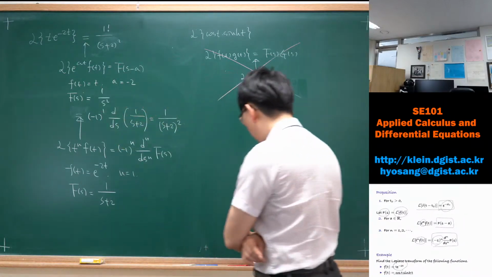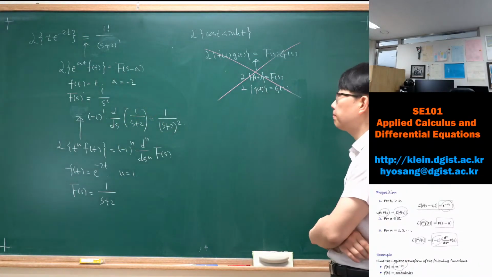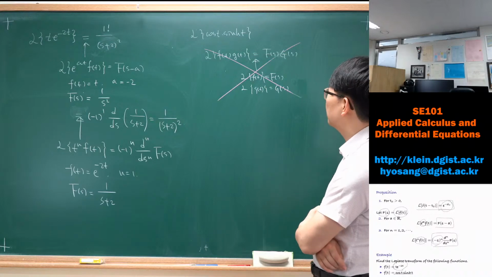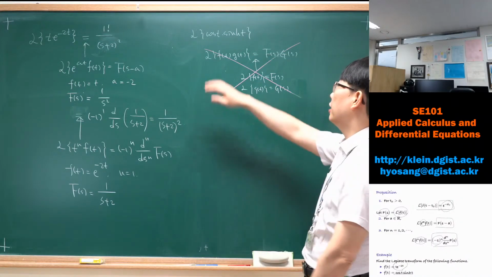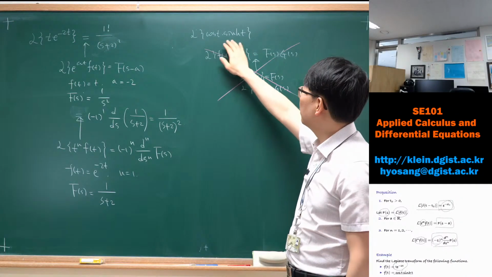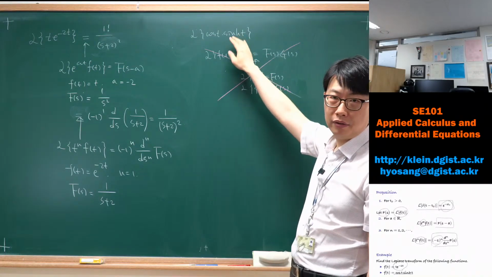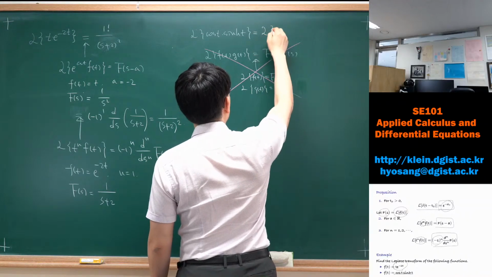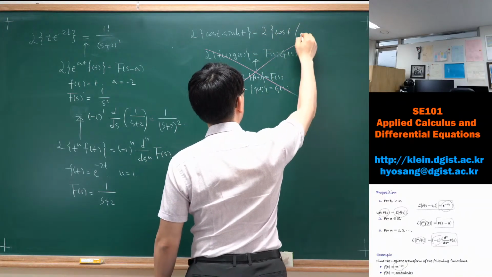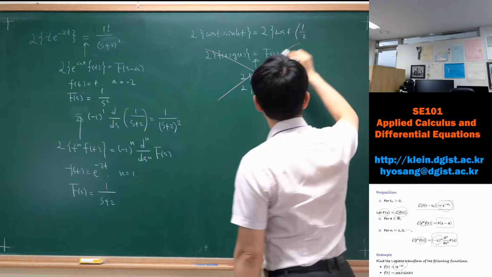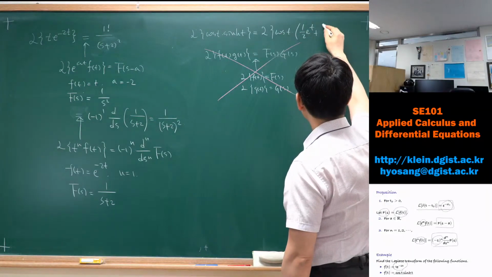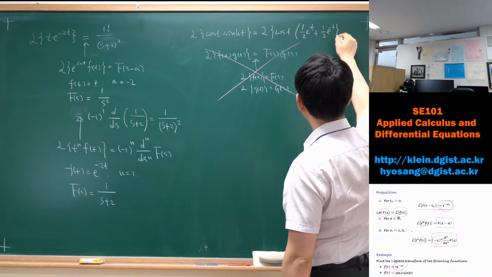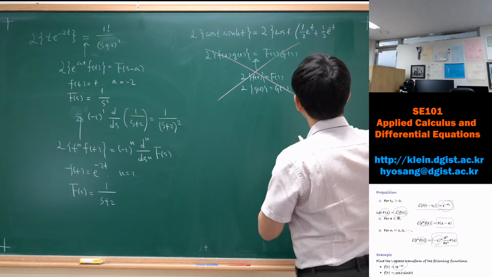Oh, yes, expand which one? Certainly I cannot expand cosine, so you have to expand hyperbolic sine. So this is equal to cosine t times (1/2 e^t + 1/2 e^(-t)).